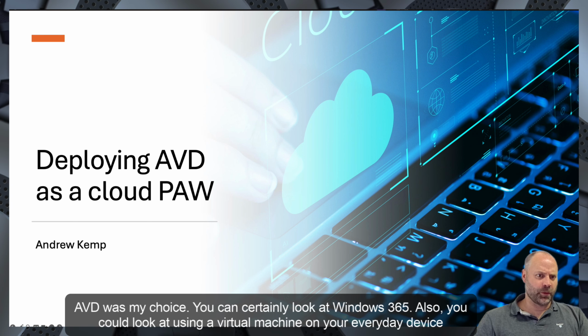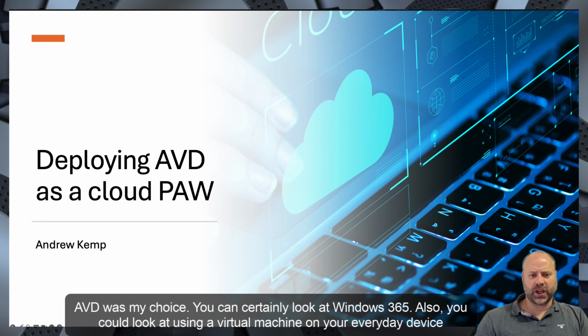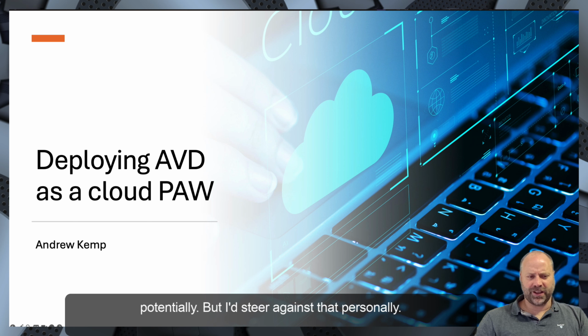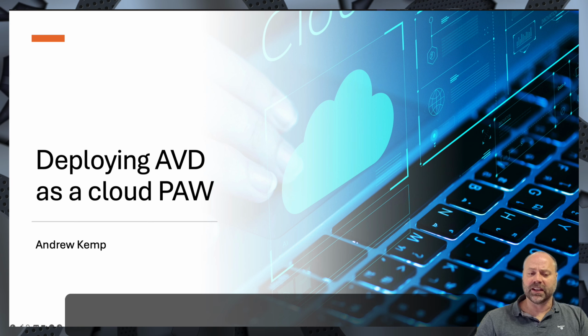AVD was my choice. You can certainly look at Windows 365, but also you could look at using a virtual machine on your everyday device potentially. But I'd steer against that personally. I use a Mac pretty much day in, day out, and I have Parallels on there and VMs work on there pretty flawlessly.